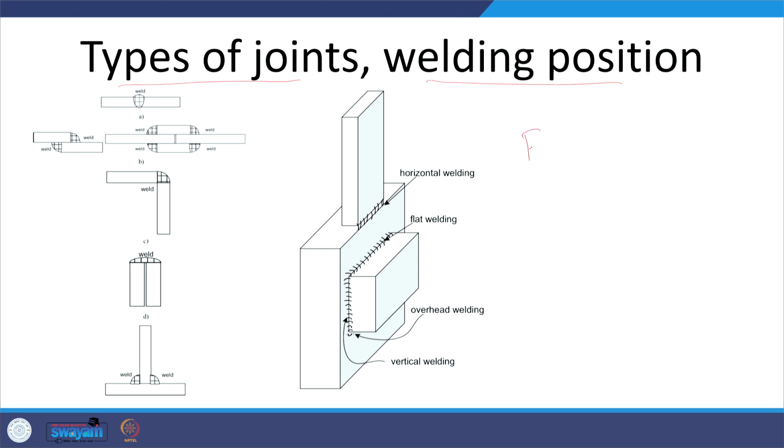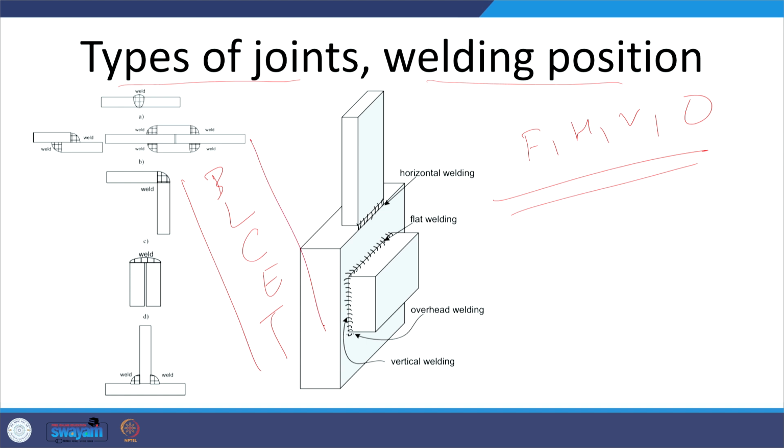So, these are the types of weld joints and the welding positions. Basically, flat, horizontal, vertical and overhead are the 4 positions. And butt weld, lap weld, corner weld, edge weld and T weld are the different types of joints.